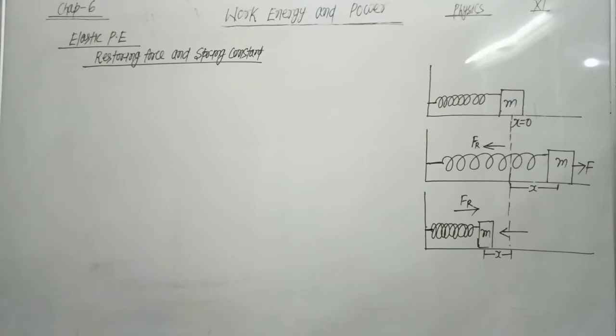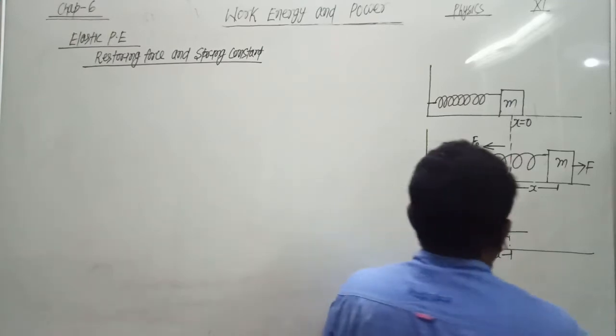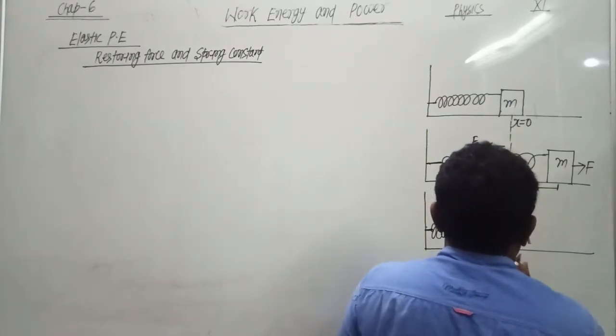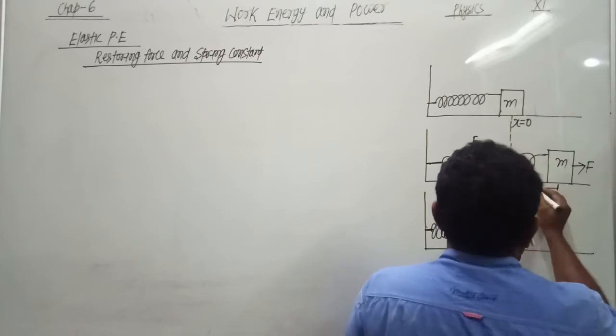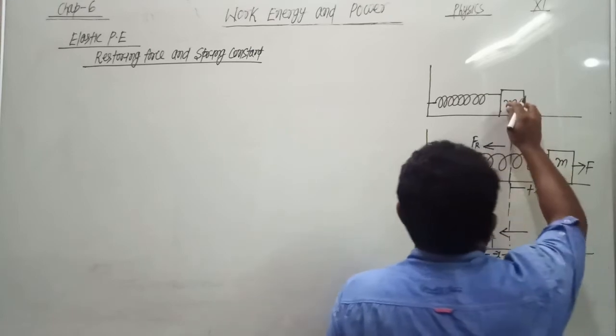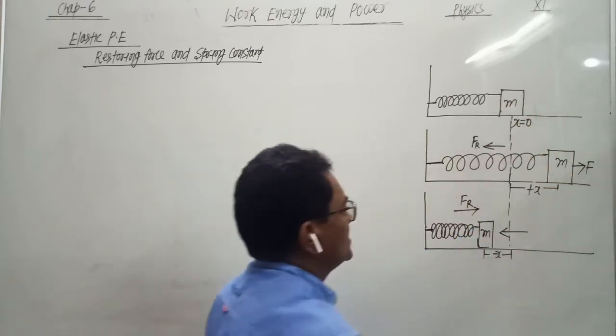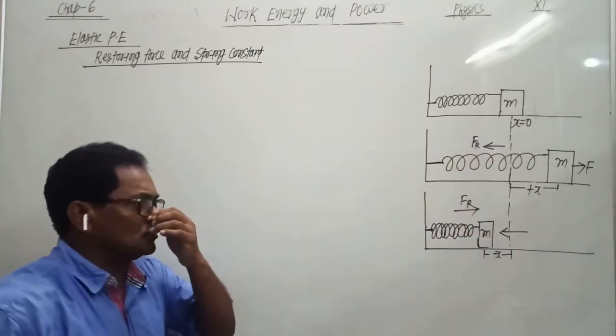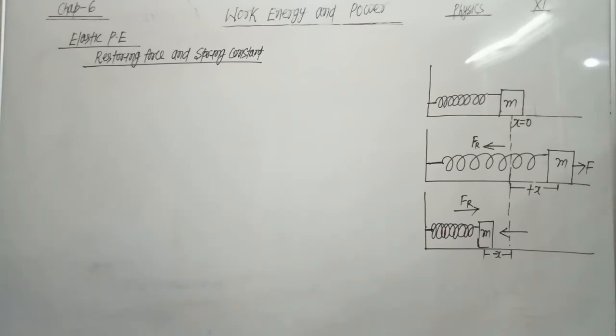This distance is on the negative axis, so it is taken as minus x. This is positive x, plus x. At the initial condition, called the normal condition, x equals 0.